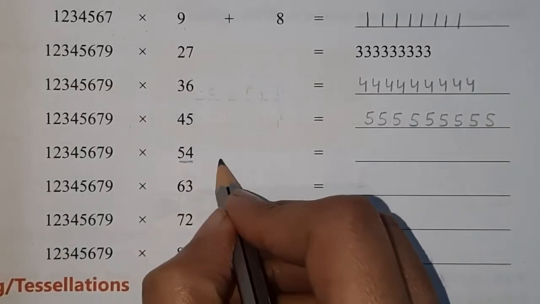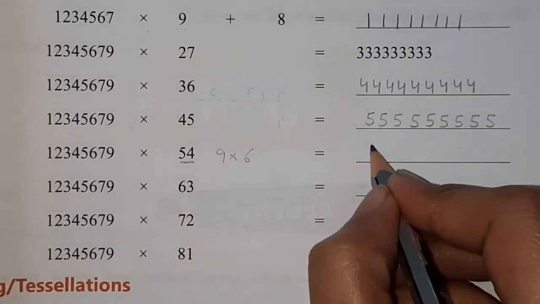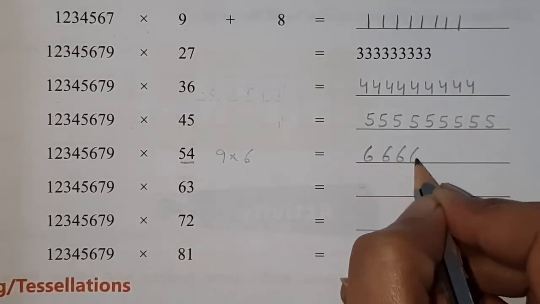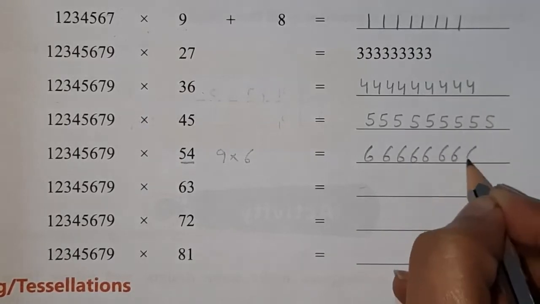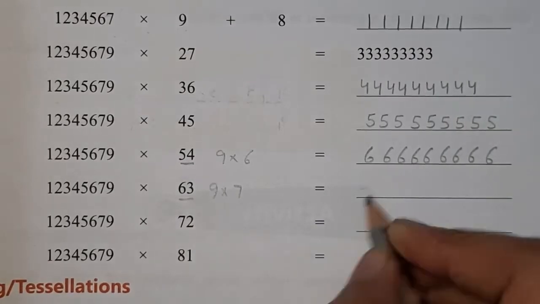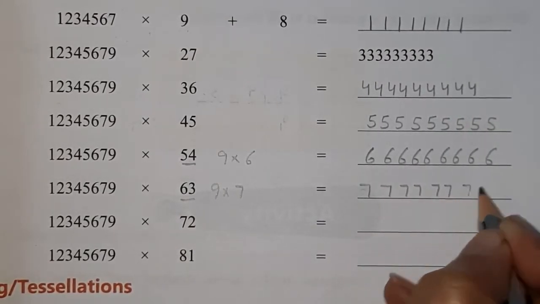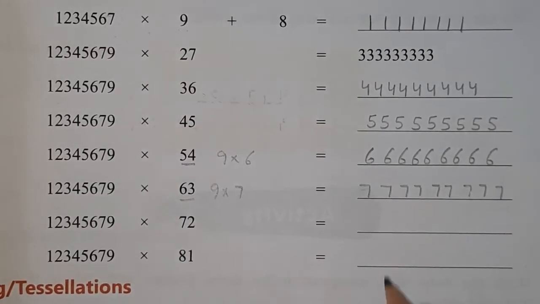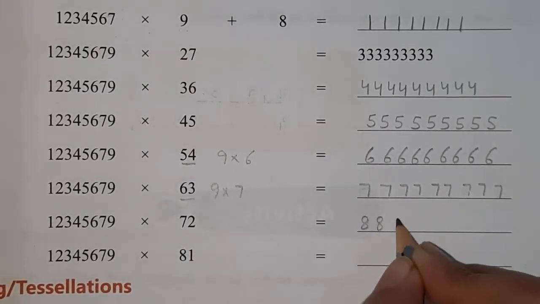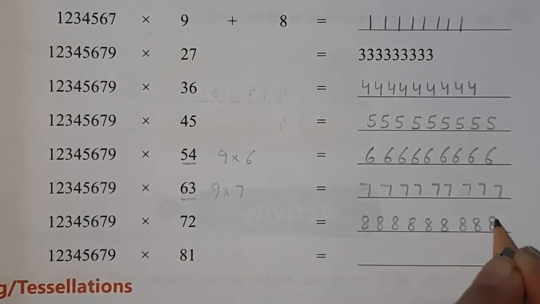Similarly here, 9 sixes are 54. 9 sevens are 63.